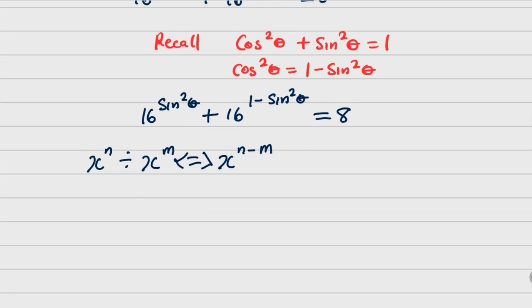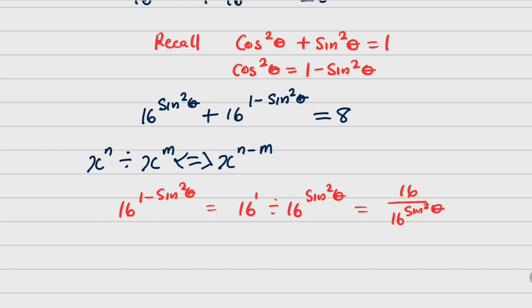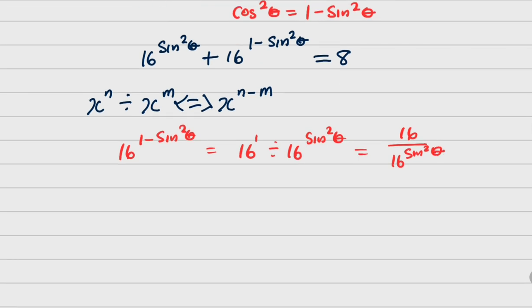So I'm going to now have 16 raised to power 1 minus sine square theta equal to 16 divided by 16 raised to power sine square theta. Then I will now substitute. Substituting, I'm going to have 16 raised to power sine square theta, plus 16 all over 16 raised to power sine square theta is equal to 8.